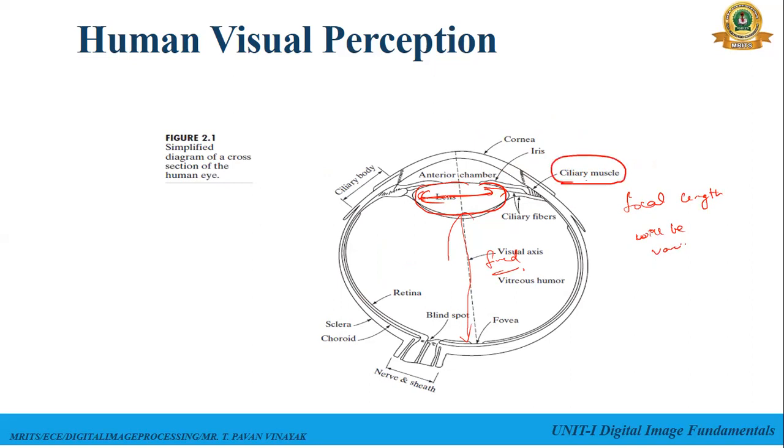The ciliary muscles provide the movement to the lens. So the size of the lens is varied, meaning the focal length is varying. Due to the variation of the focal length, we can visualize the images.